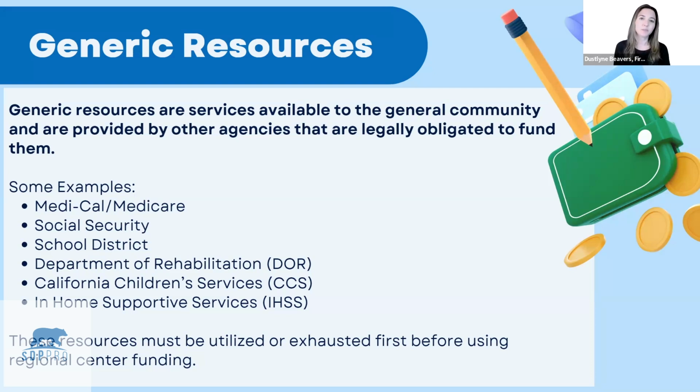Some examples could be Medi-Cal, CalFresh, In-Home Supportive Services or IHSS, your school district, etc. Those are generic resources, and Regional Center and the law requires that you use those first before you use the money that Regional Center sets aside for your services.